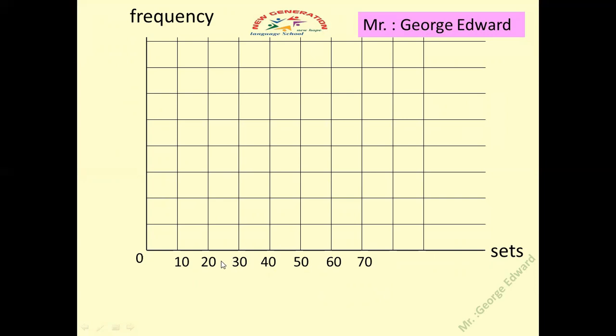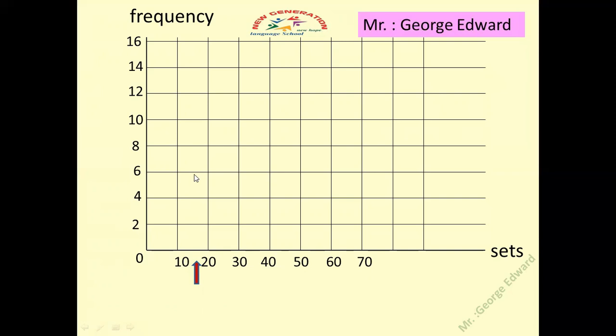We can use the scale of 2, 4, 6, 8, 10, 12, 14, 16 and so on. The first point is center of 10 and 20, here 15, and the frequency is 6, 15 to 6.